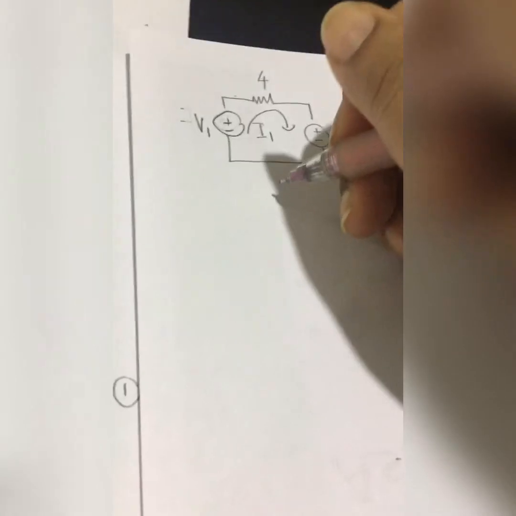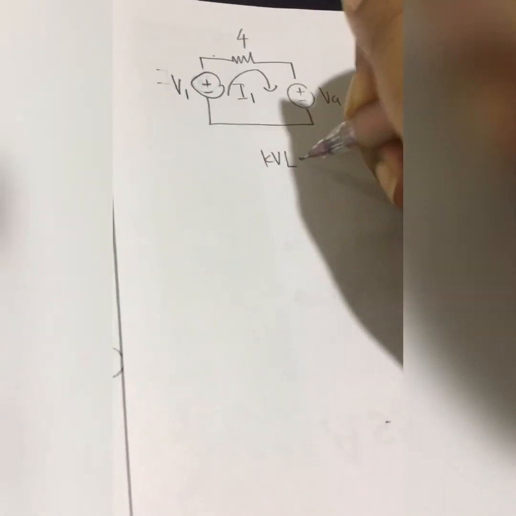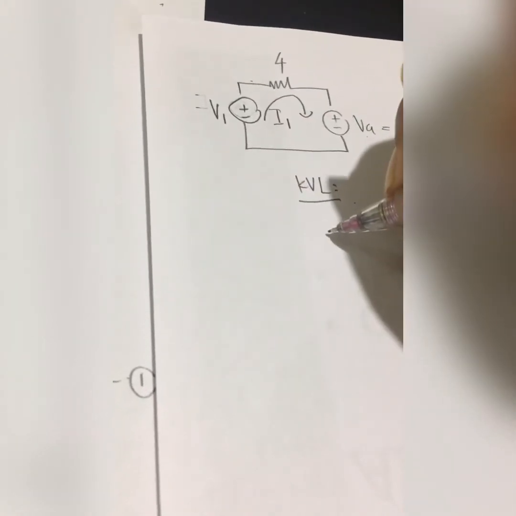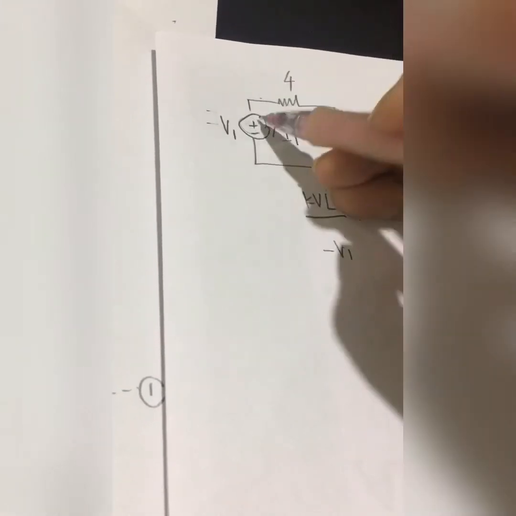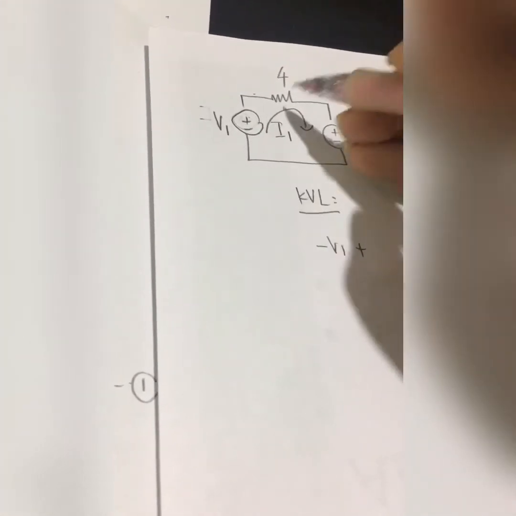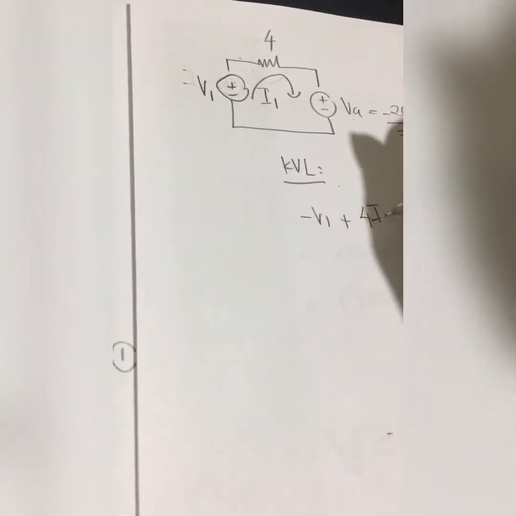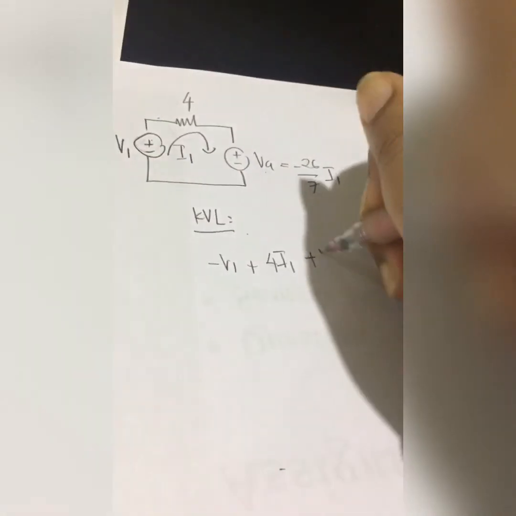So we can apply KVL, Kirchhoff's voltage law. Negative V1 plus this voltage and this voltage is equal to 0. So this voltage is equal to 4 multiplied by I1, plus VA, equal to 0.